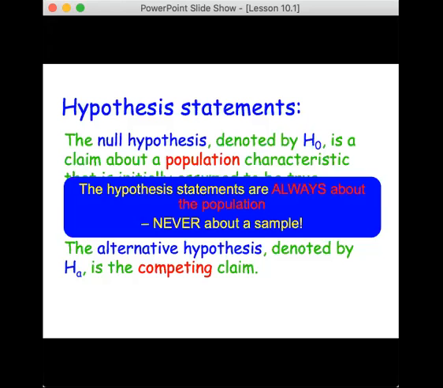Why should we be hypothesizing about the population instead of the sample? Or another way I'll ask that question is, why don't we hypothesize about a sample? Why does it not make sense to hypothesize about the sample? Okay, so put your ideas in the chat.